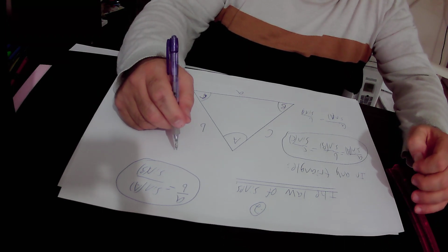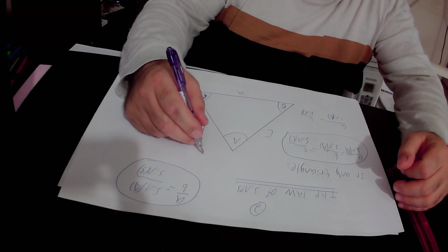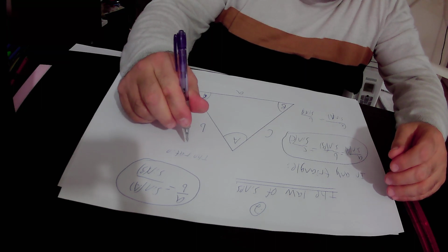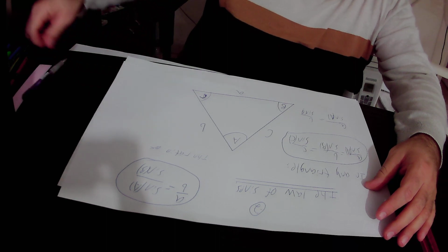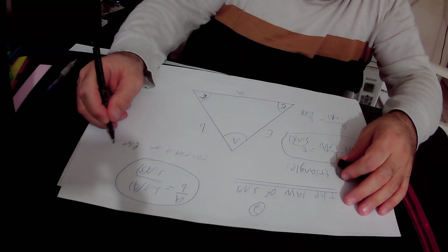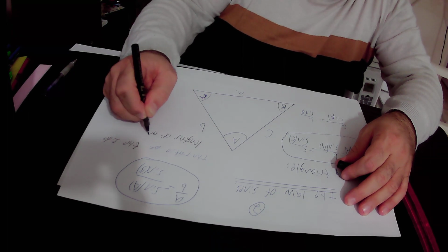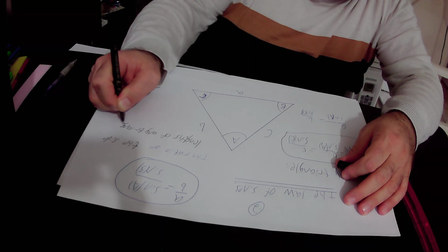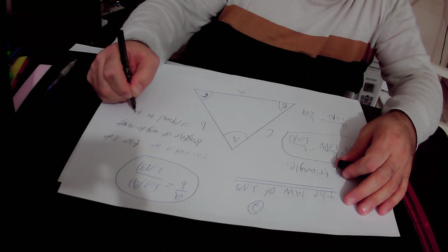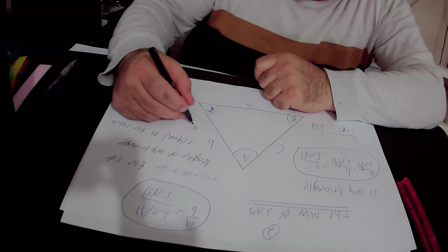The meaning of this equation is that the ratio between the side lengths of any triangle is equal to the ratio of the opposite angles' sines.